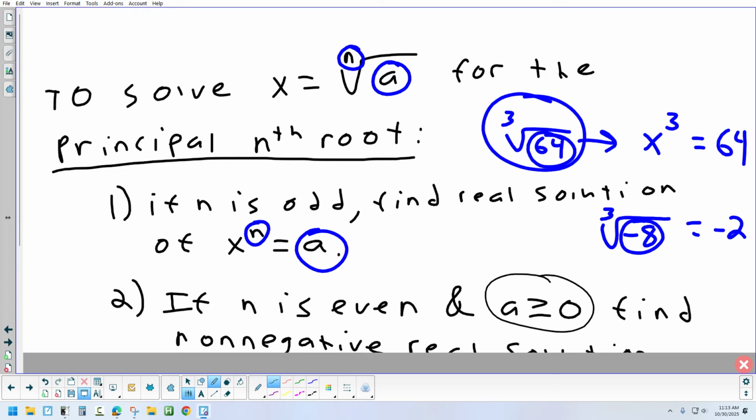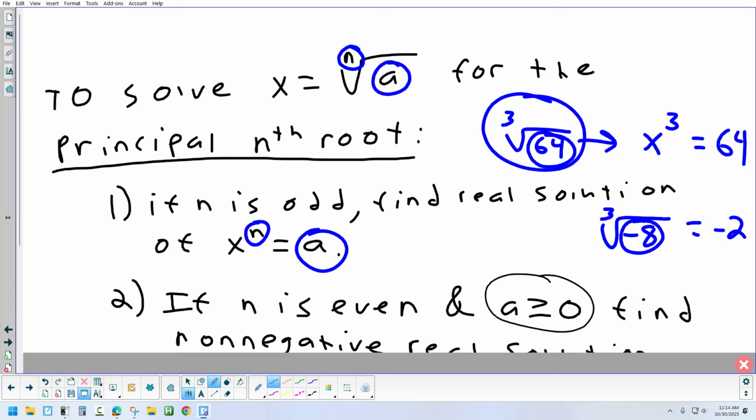Yeah? Because you can't square a negative. Well, I know you can't square a negative, but it's the same, like the fourth root. I know what you mean. Because you get i. But you can square a negative number. But I know what you're trying to say.